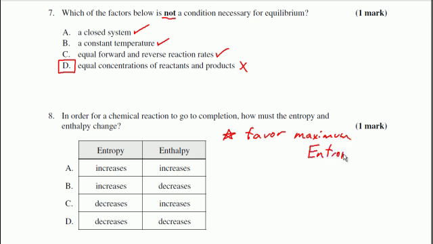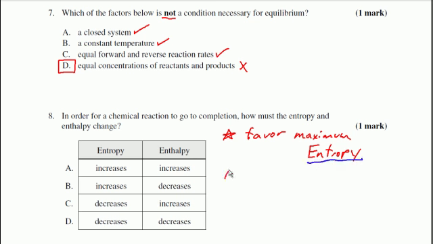Now, what is entropy again? Entropy is the amount of randomness in a system. Okay, so reactions want to favor the amount of randomness. They want to break into the most pieces. They want to change into the most volatile states, like they want to become gases. Okay, and so they favor the maximum amount of entropy right here.